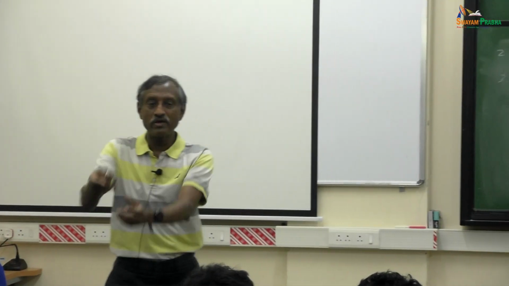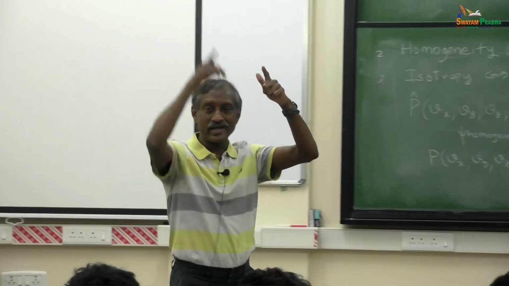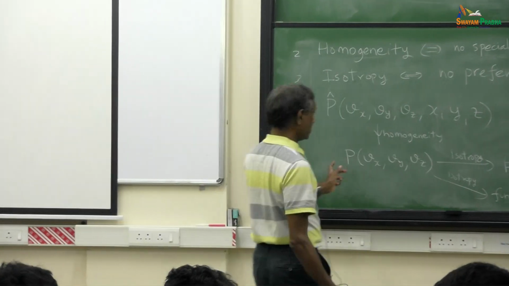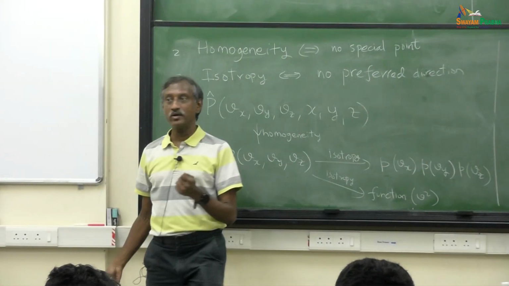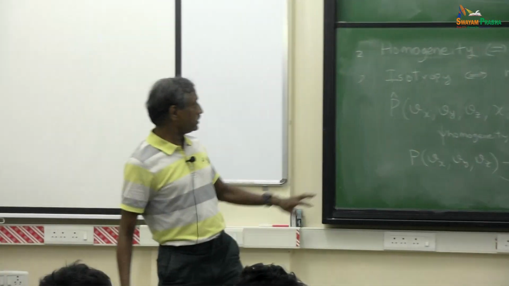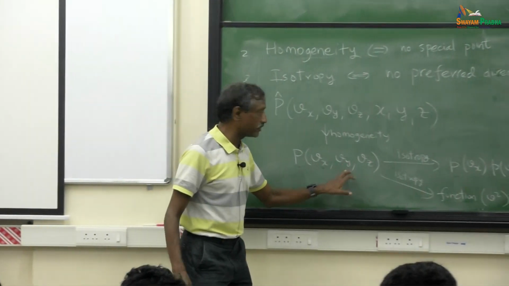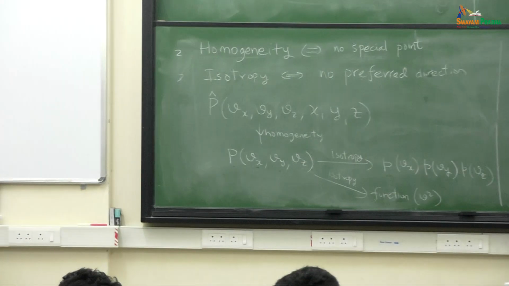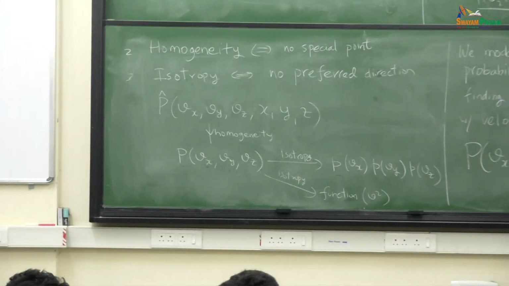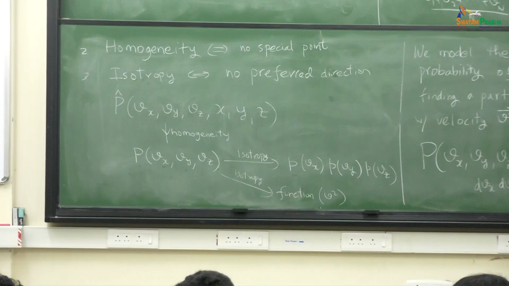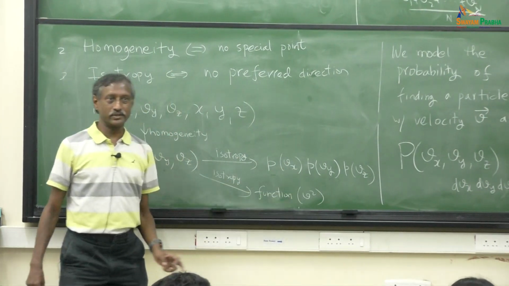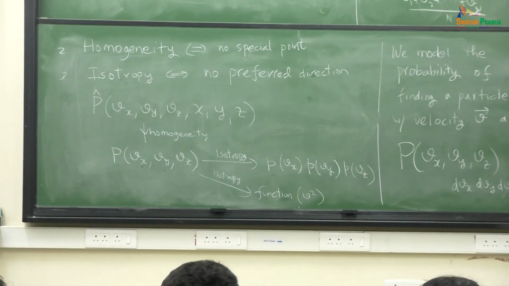Otherwise, if you give me a non-zero velocity, it has a direction. So it has to depend only on the combination V square. So even though here I wrote capital P of Vx, Vy, Vz, it can only depend on the combination Vx square plus Vy square plus Vz square. So we're getting two different things, and these all have to agree.